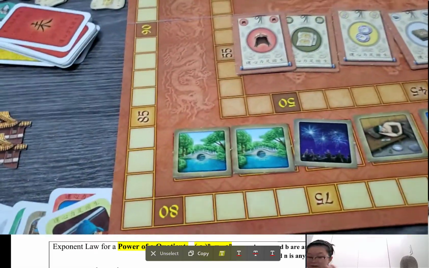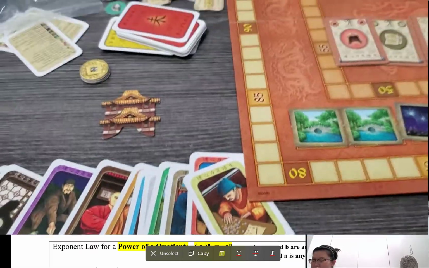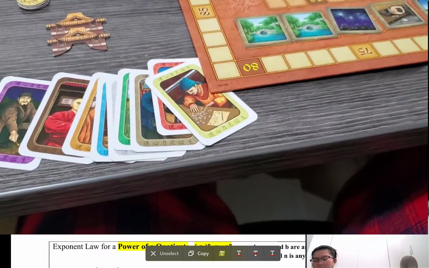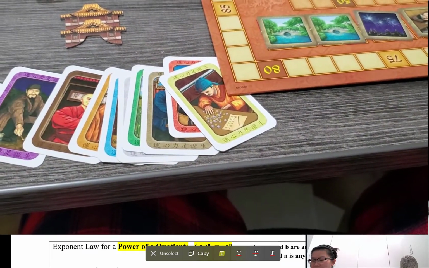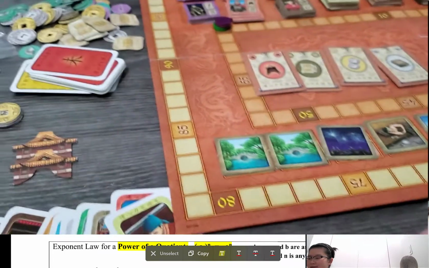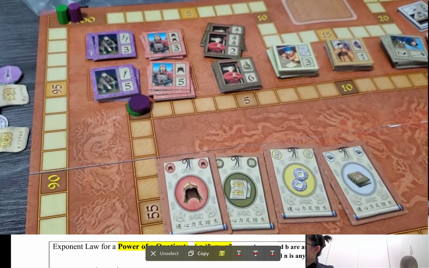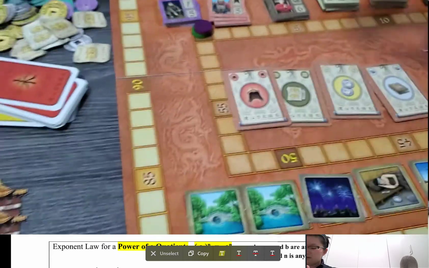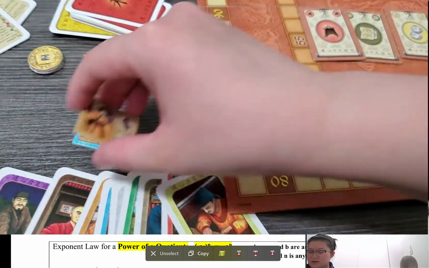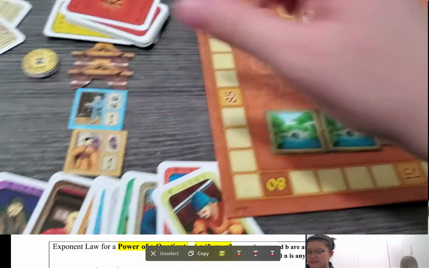So here's the basics of the game. In one turn, what happens? At the very beginning of the game, the players draft some people. Let's say this person drafts this, and of course drafts 2 people. I think it was 2 people. Maybe I got the rules wrong.